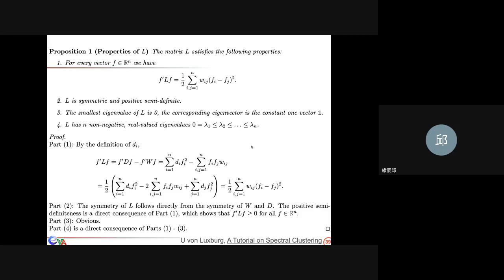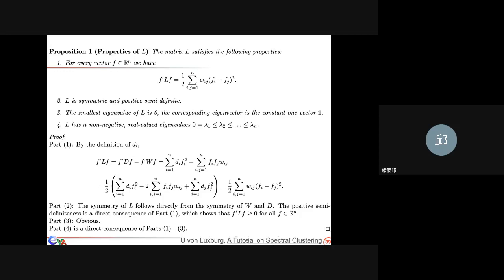Actually, for these properties and most of the important materials related to spectral clustering, you can find them in this tutorial. This is a very nice, very good tutorial that I suggest you all spend some time to read.